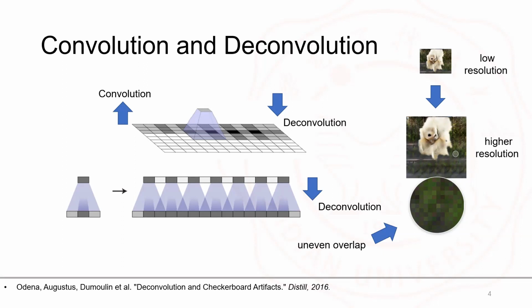Roughly, deconvolution layers allow the model to use every point in the small image to paint a square in the larger one. However, when we look very closely at images generated by neural networks, we often see a strange checkerboard pattern of artifacts. Deconvolution can easily have uneven overlap, putting more of the paint in some places.